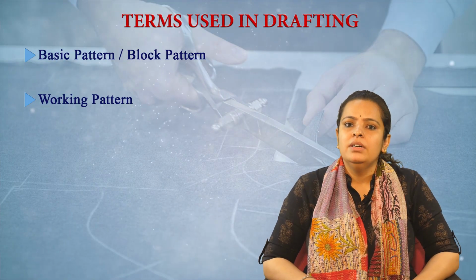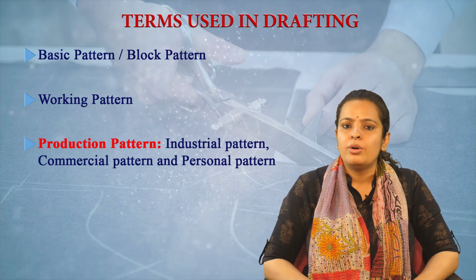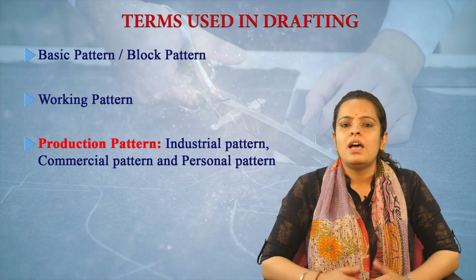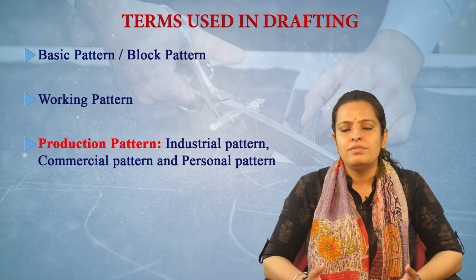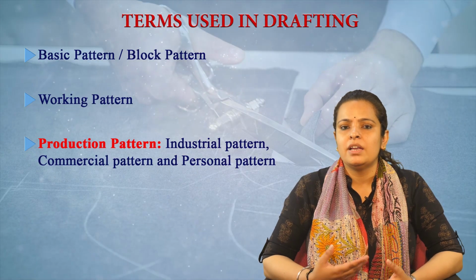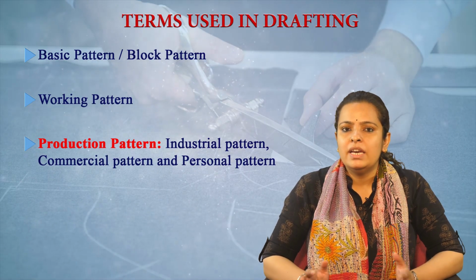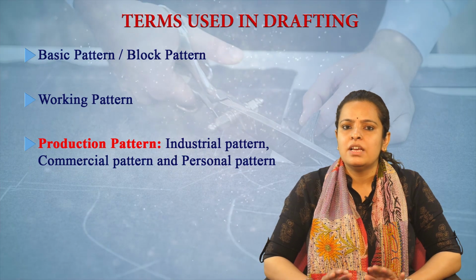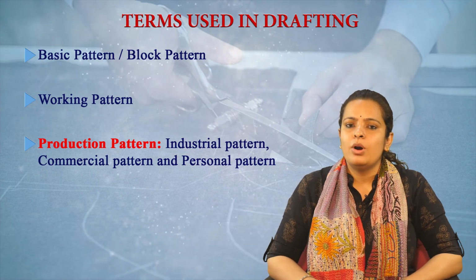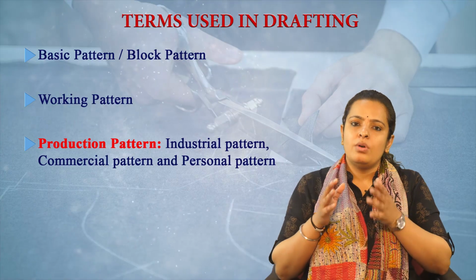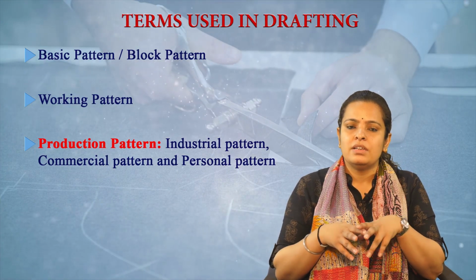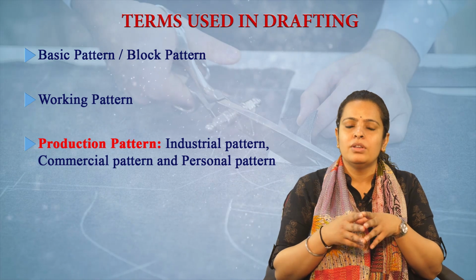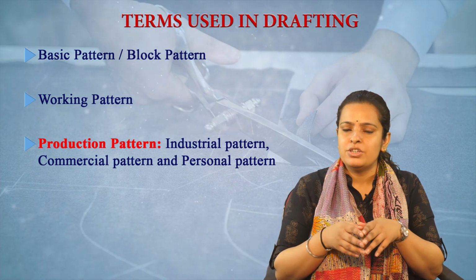Then we have the production pattern. Production pattern comes after the working pattern. First we create the basic pattern, which is without any manipulation. It is just the exact body measurement we take, and we draw the lines on the pattern paper with the basic measurement.